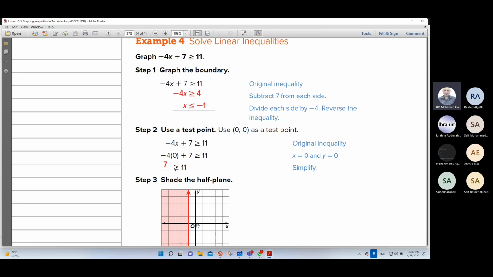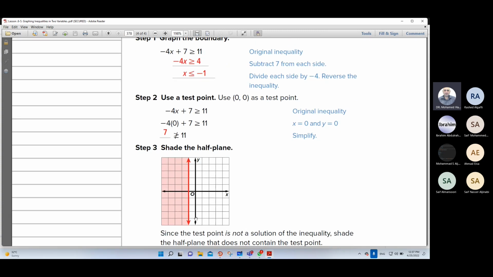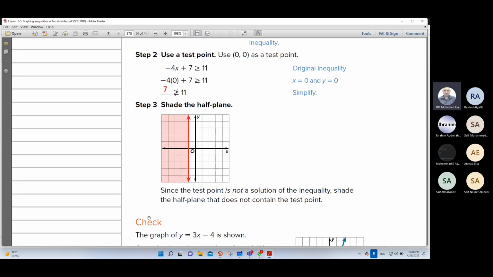So 0 not included means the area of the solution will be the left area, so we can shade this area. Since the test point is not a solution of the inequality, shade the half plane that does not contain the test point.